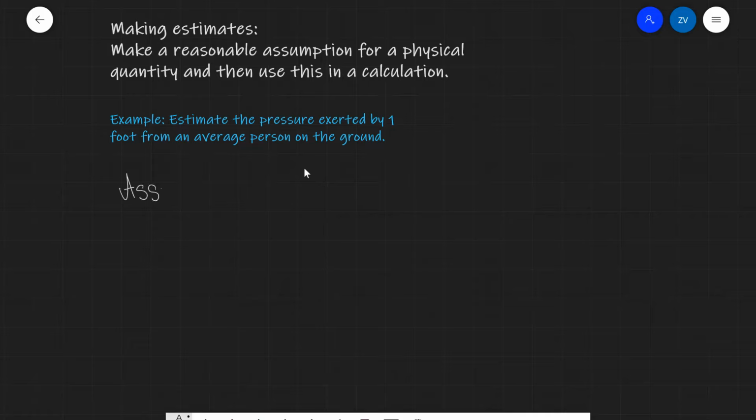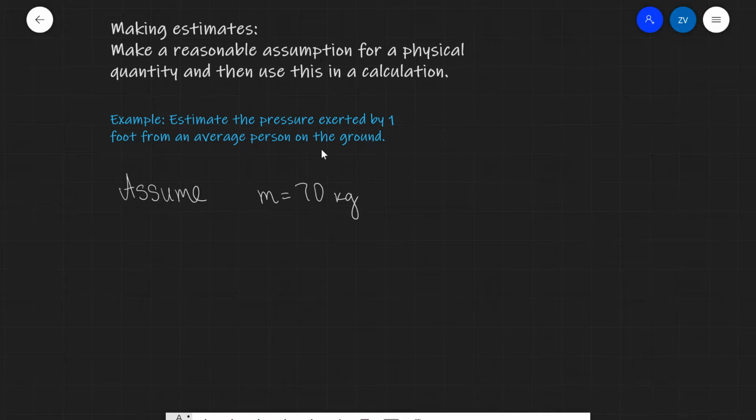I'm going to say that the mass of the person is 70 kilograms. The assumption itself is not of great importance compared to using the information in subsequent calculations. For instance, if I've chosen this to be 80 kilograms or 60 kilograms, chances are I'll probably still get full marks in an exam as long as I use this information correctly.